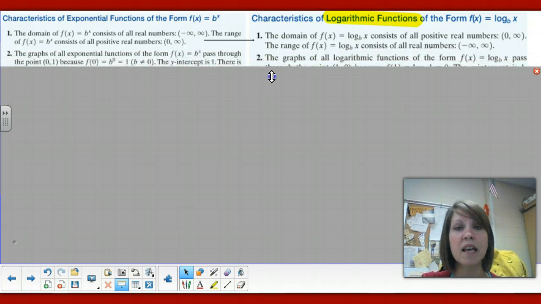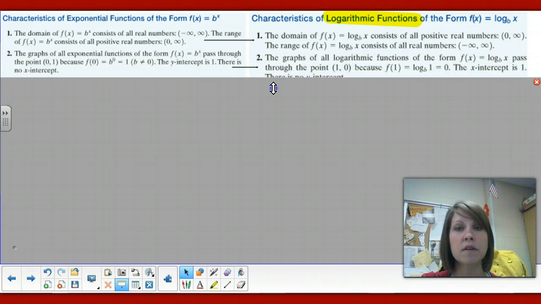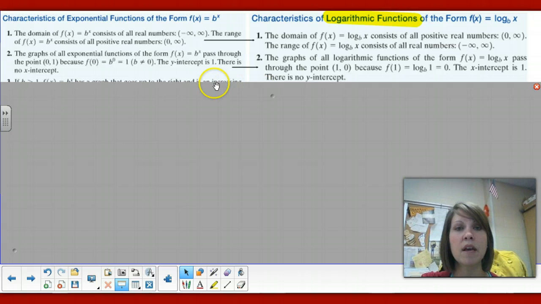The second set of characteristics, this says that the y-intercept is 0, 1, and there is no x-intercept. If we switch those for a logarithmic, the x-intercept is 1 over here, but there is no y-intercept.